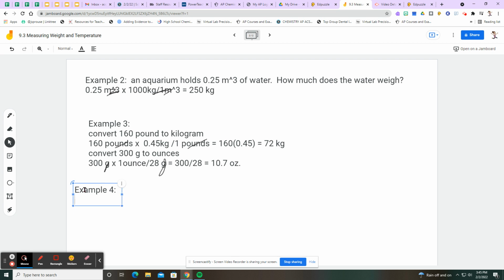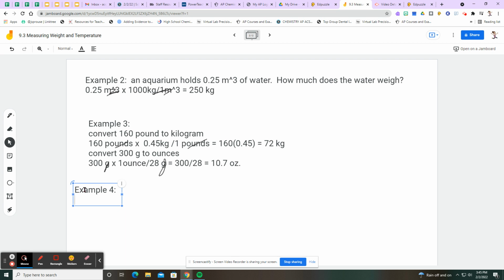Example 4 says a drug dosage is frequently based on the patient's weight measured in kilograms. For example, 20 milligrams of the drug Didronel, which is used to treat irregular bone formation, should be administered daily for each kilogram of a patient's weight. This can be expressed as 20 milligrams per kilogram.